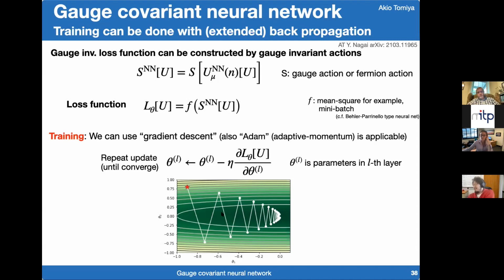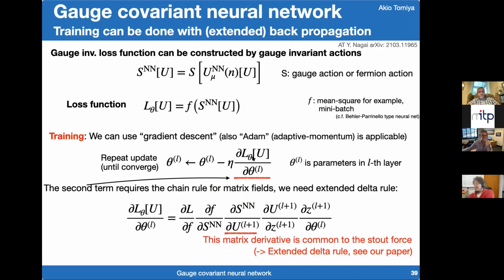To execute this procedure, we need this derivative. This is usually done by the delta rule. But in our case, this derivative contains a matrix field. But we know that, because the derivative with respect to theta is expanded in this form using the chain rule: the derivative of L over F, F over S, S over U, and something like that.